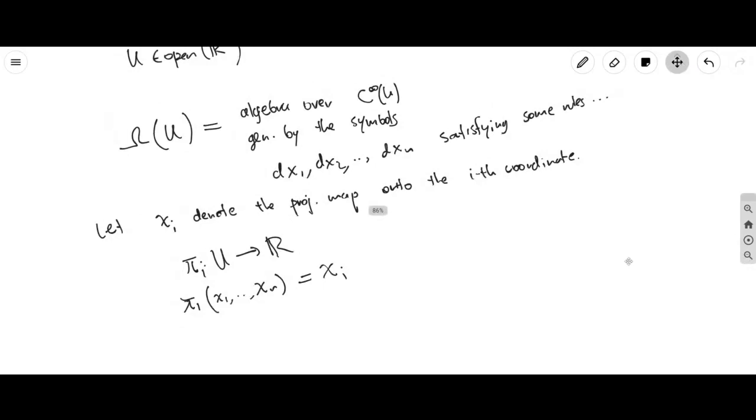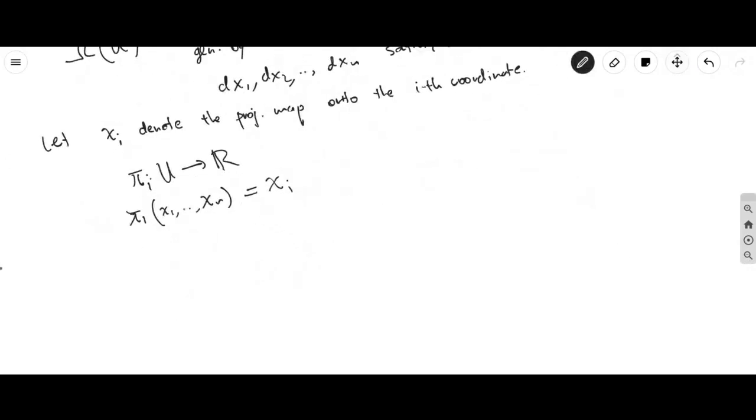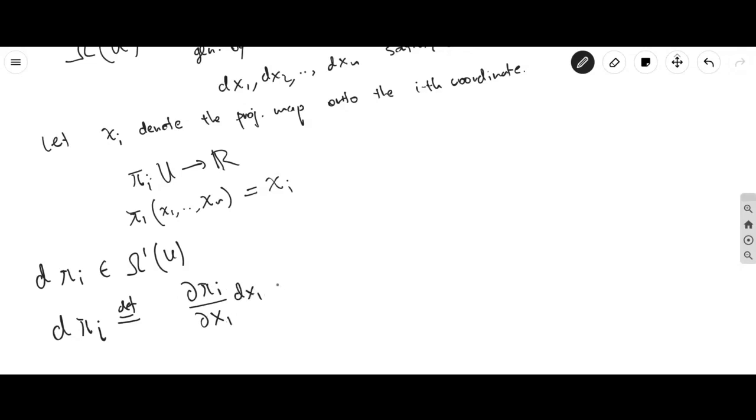Now, look what happens when you calculate the exterior derivative of this projection function. This is going to give you a 1-form. So how do we calculate the exterior derivative? By definition, we differentiate this function with respect to the first variable, then we write down our differential, and so on, up to the partial with respect to xn times dxn.